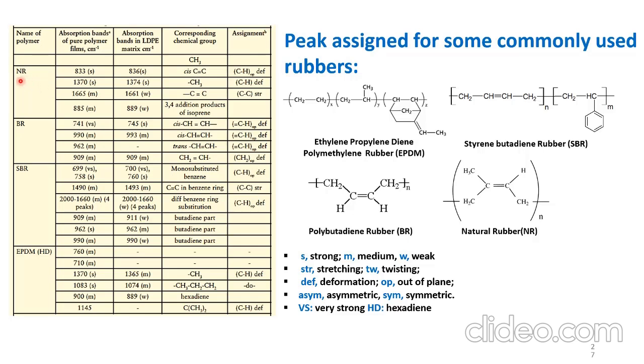For example, for natural rubber we get these four fixed bands. If some other compound is mixed with the natural rubber, we can check that these four groups are present, which means natural rubber is there, but there are certain other peaks as well, so we can check what those are.